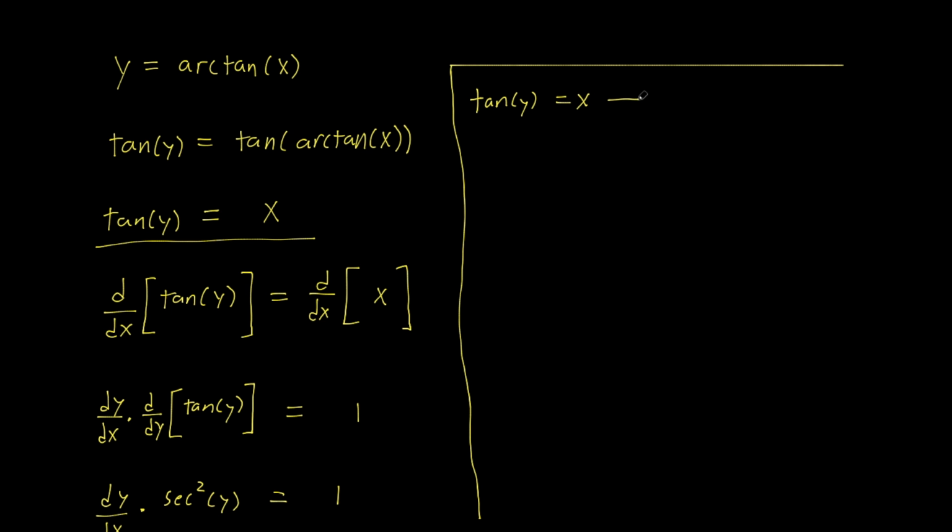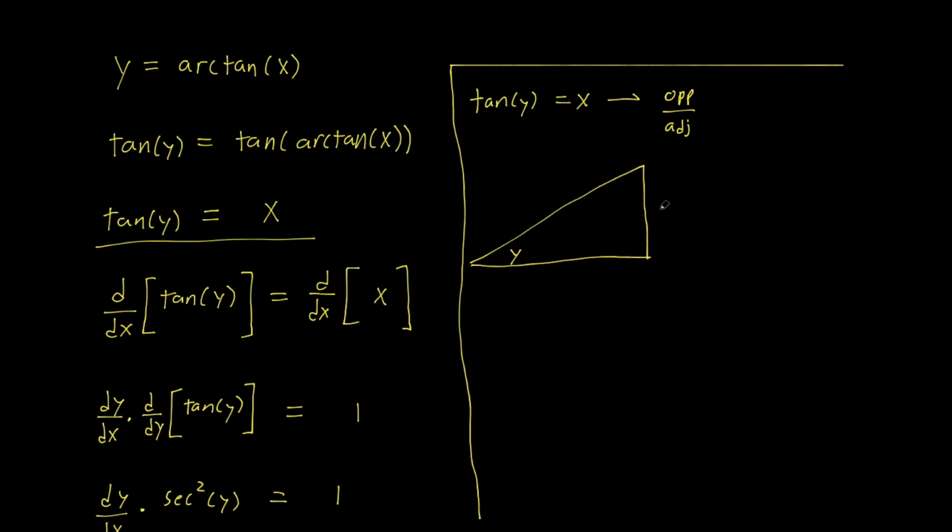And since the definition of tangent is the opposite over adjacent side of a right triangle, we can say the following. We have a tangent of angle y equals x.